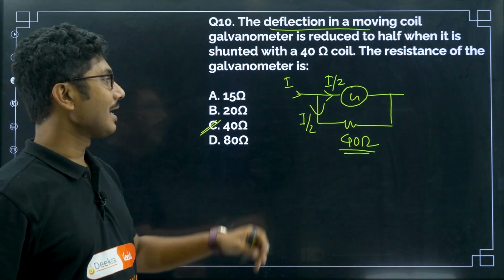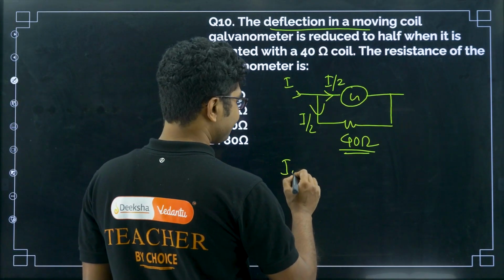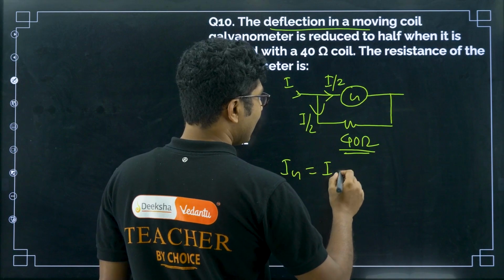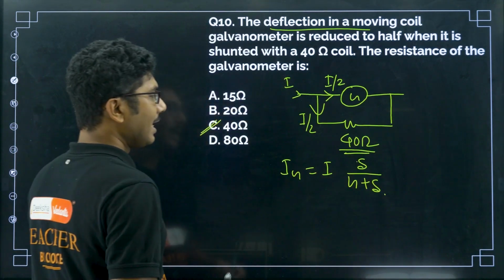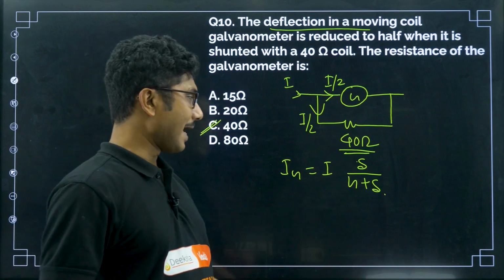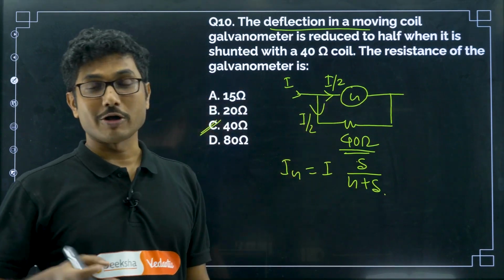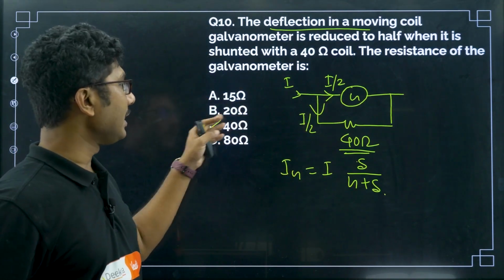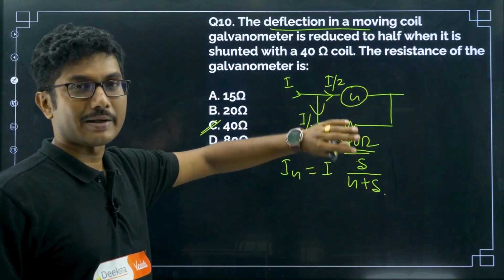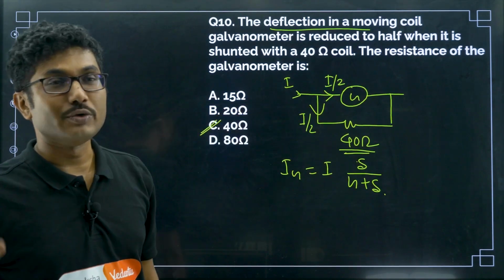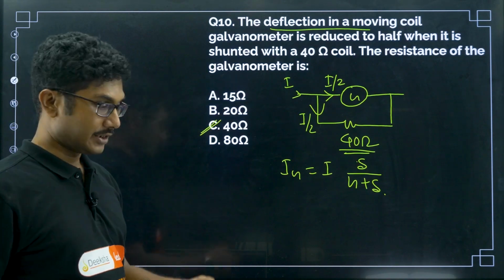But here, because the current is already getting halved, you can simply use the logic and say that the galvanometer should have a resistance equal to that of the shunt resistance, right.